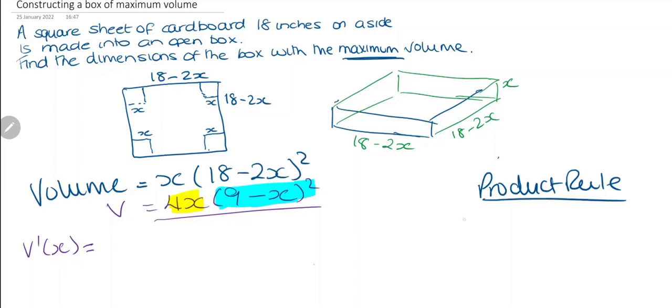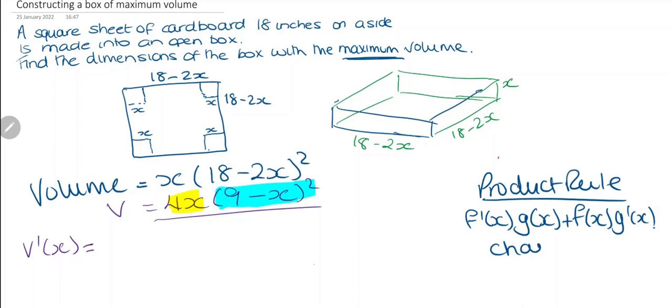So the product rule says f prime multiplied by g of x plus f of x multiplied by g prime of x. And the chain rule, we need to use this for g of x.